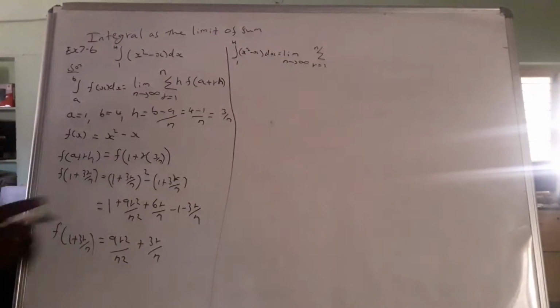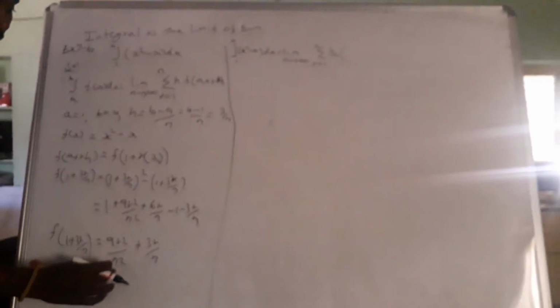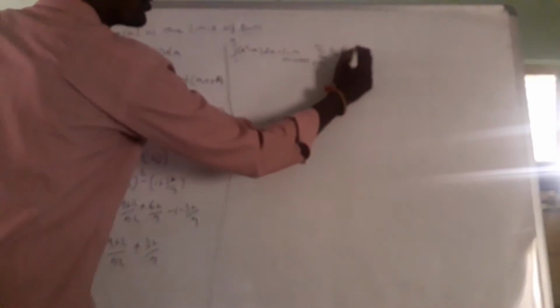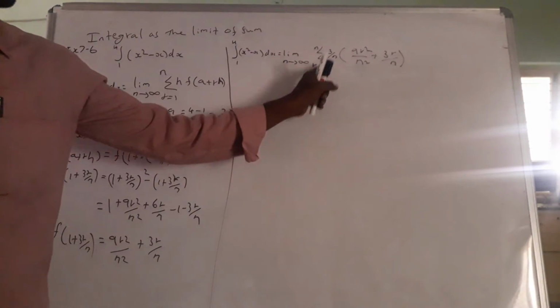Instead of h we can write 3 by n, into, instead of f of a plus rh, the value we are going to write is 9r square by n square plus 3r by n. Now you multiply the 3 by n with each term.